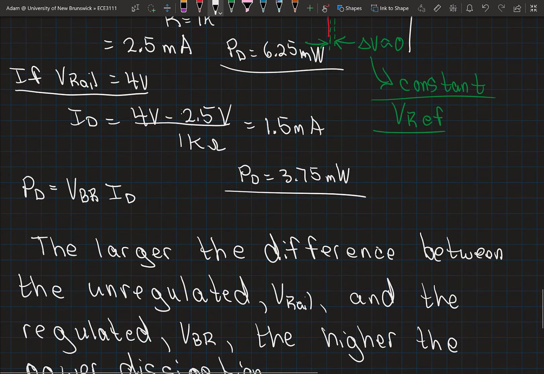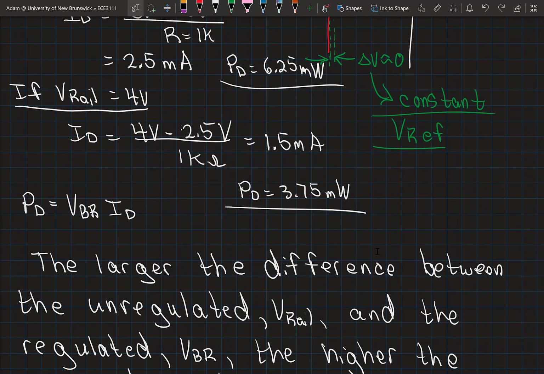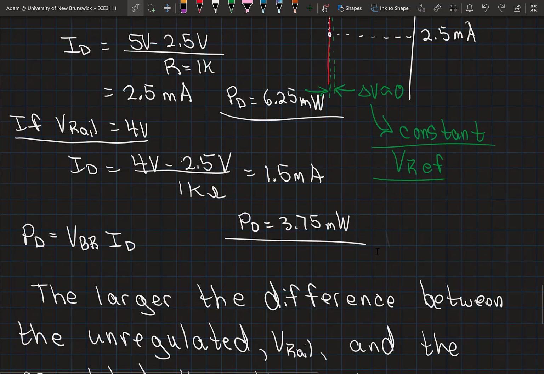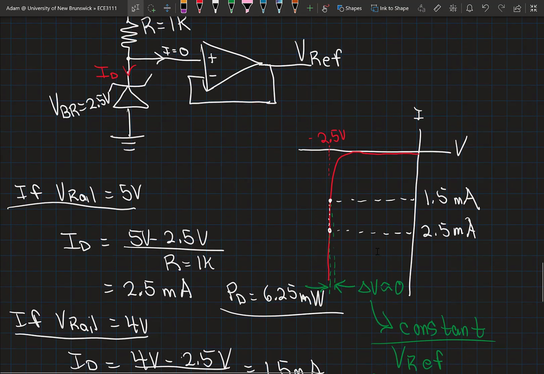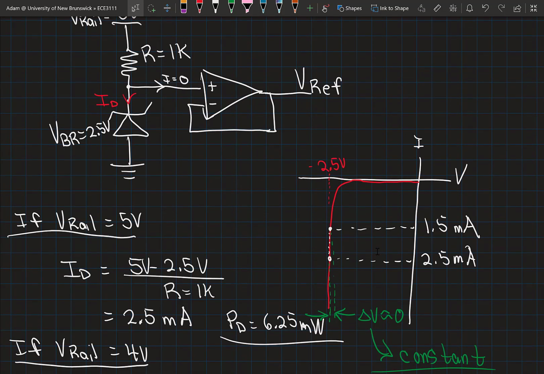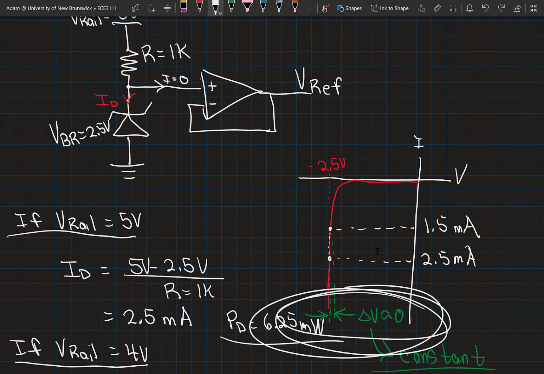Okay, so just to look at an interesting application of Zener diodes and the reasoning why they're often used in voltage regulation or voltage reference applications: small fluctuations in the operating point due to changes in current will have very little impact on the voltage across that Zener diode, and the magnitude of that difference is a function of the slope of this characteristic.